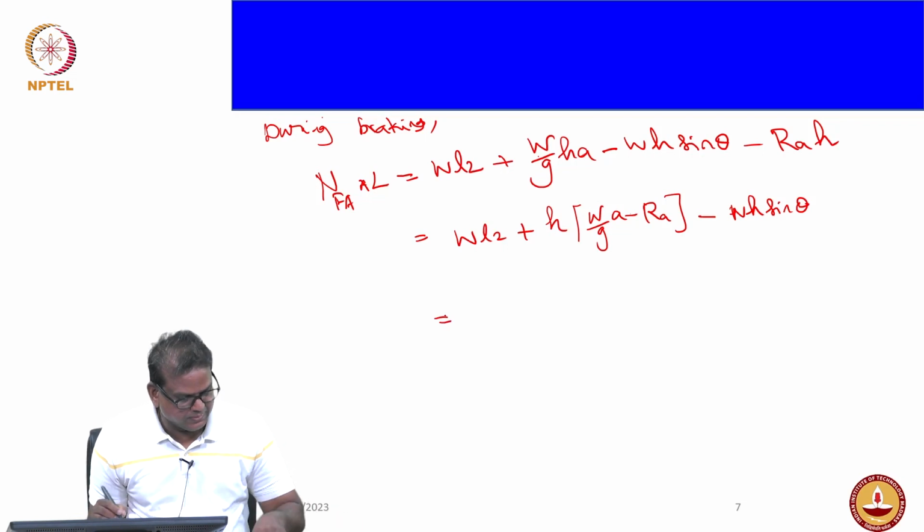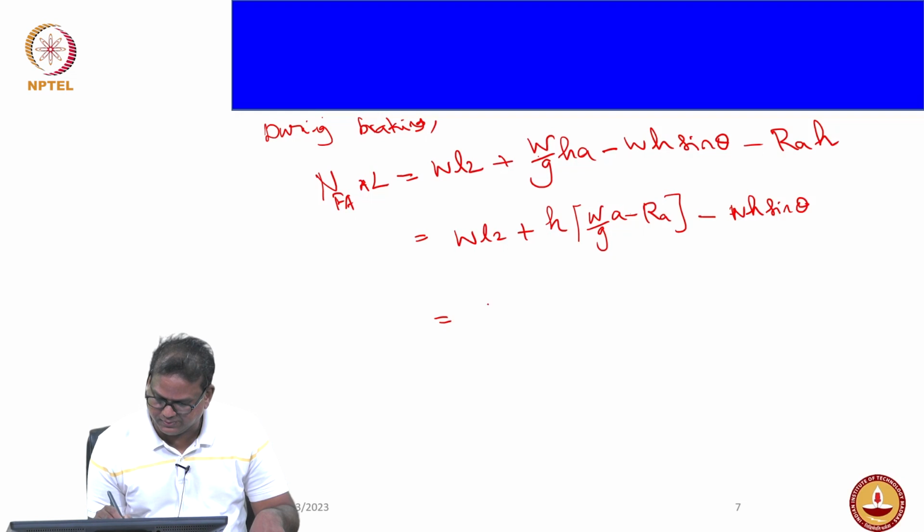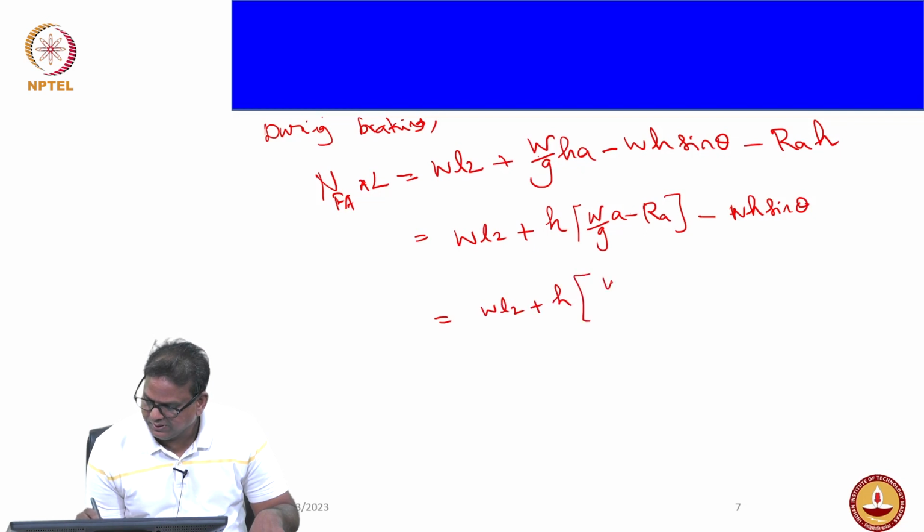Then within that I can take another thing, WL2 and H again I will take this common. When you do that, I would expect W G by A minus RA minus W sin theta.